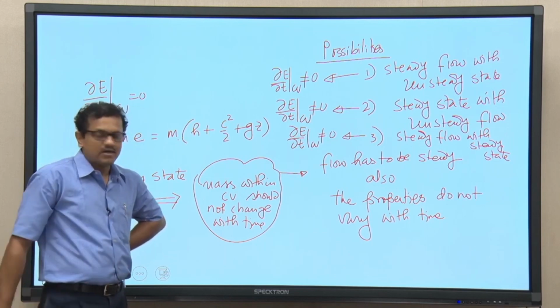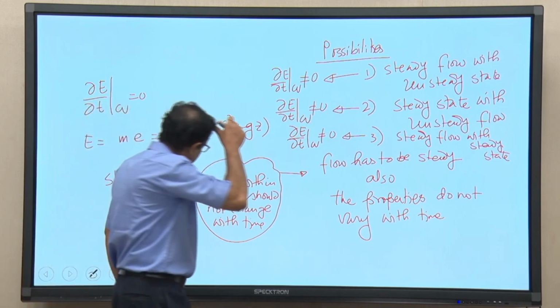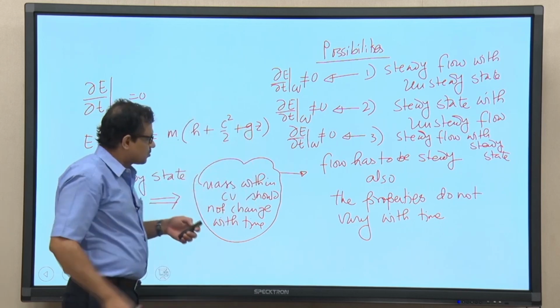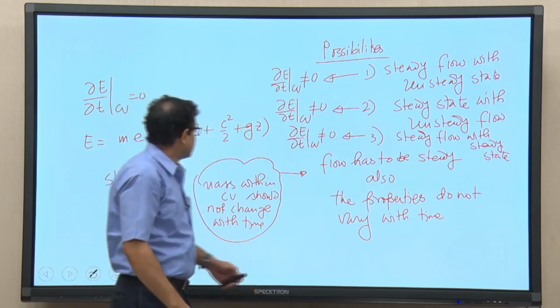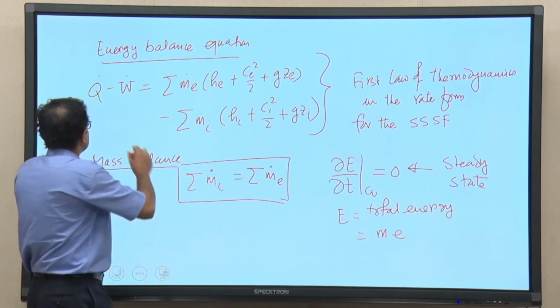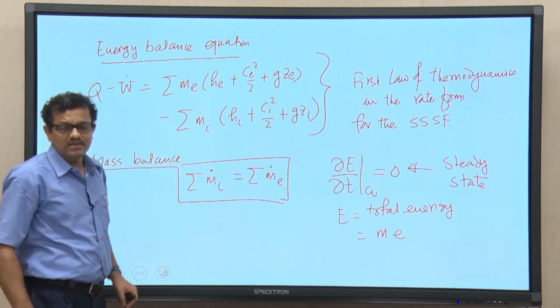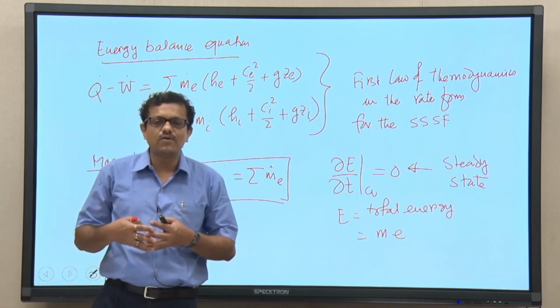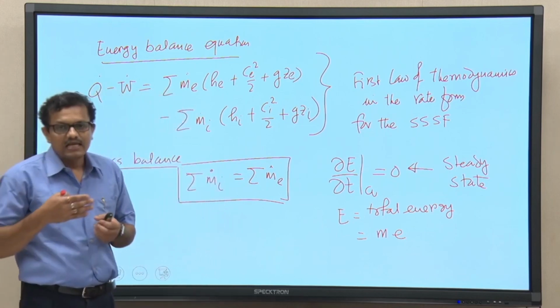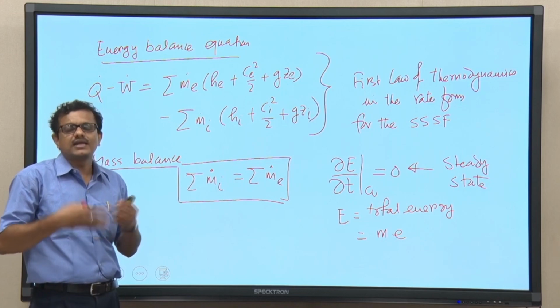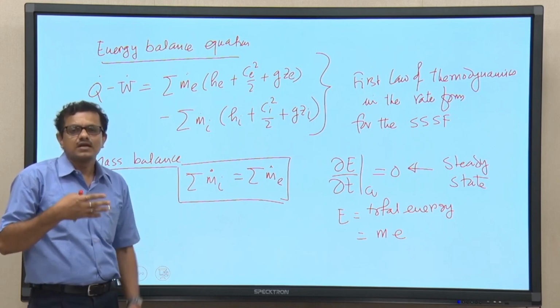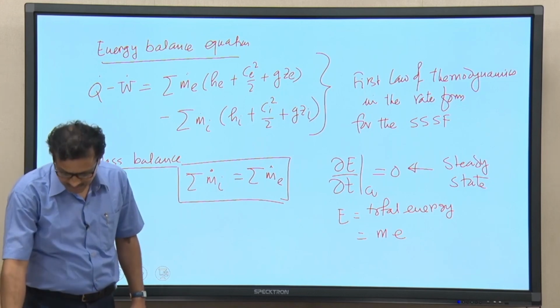So, these are the critical parts. You should remember that this is the mass balance equation, this is the energy balance equation, and for the steady state steady flow processes, the energy balance is not a balance in an isolated manner, but it has to be coupled with the mass balance equation.